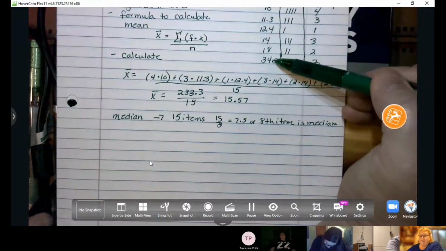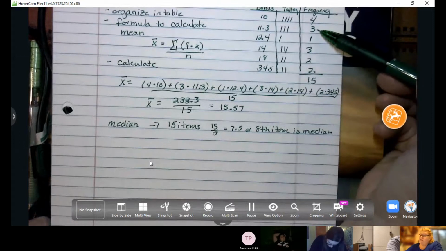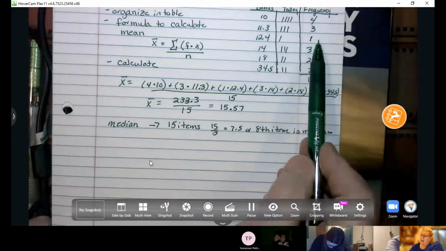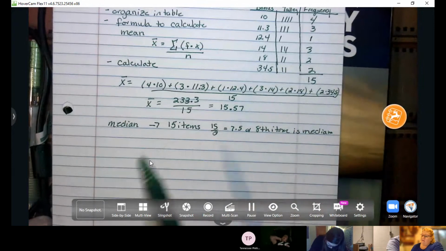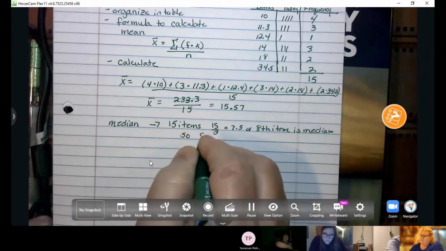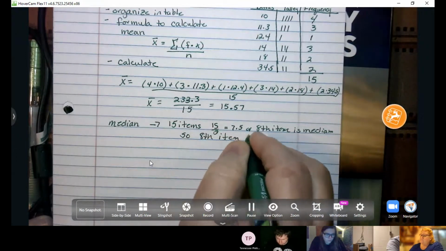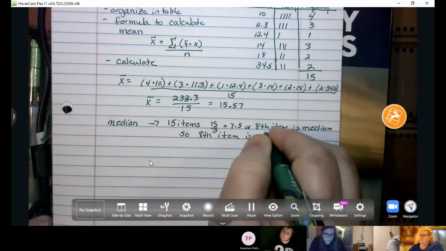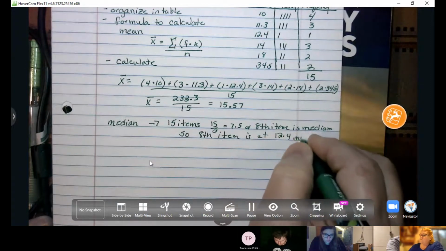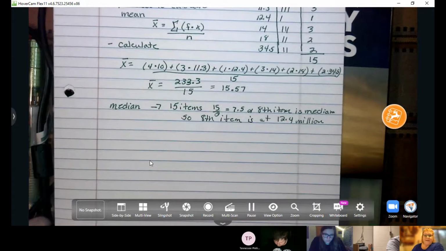Since we have them listed in numerical order, we have 4 plus 3 is 7 plus 1 more. The 8th item falls at the item 12.4. And so that gives us our median.